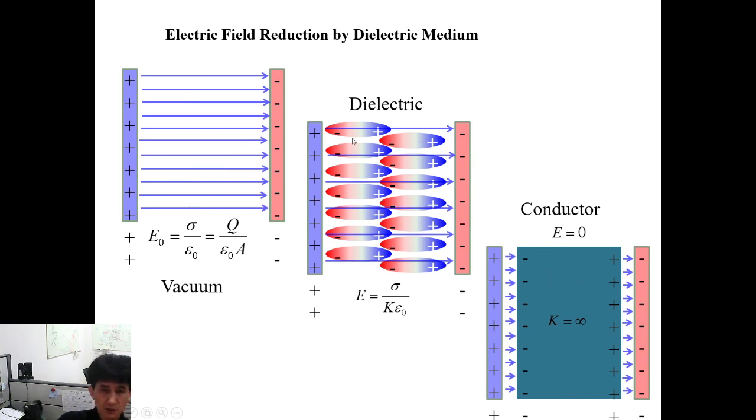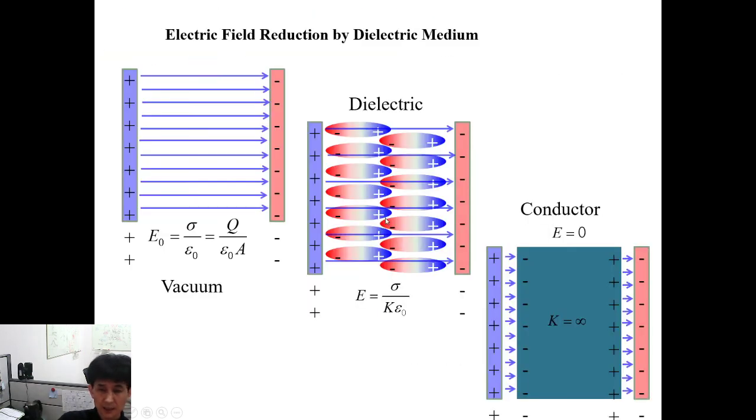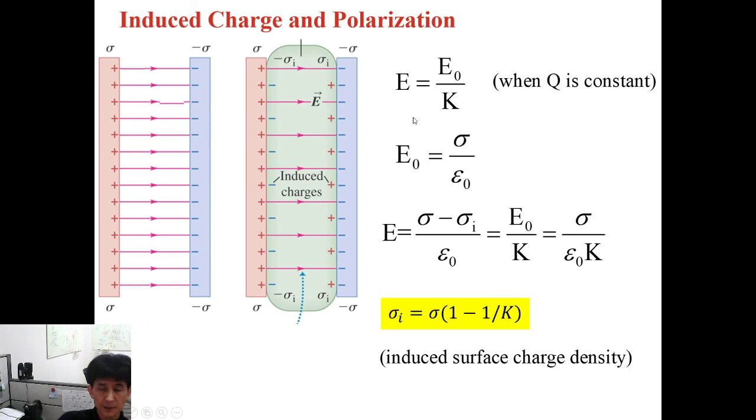But in a general dielectric medium, it is not perfectly cancelled out, but the electric field within this medium is reduced much by the dielectric medium. That's how we have a modified electric field or charge by putting a dielectric medium.